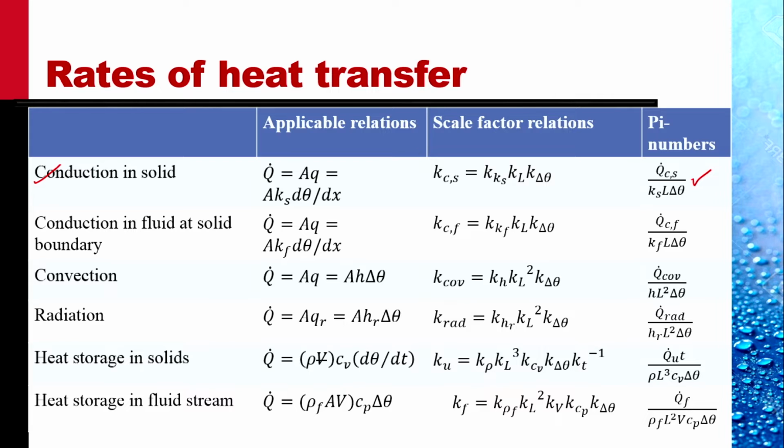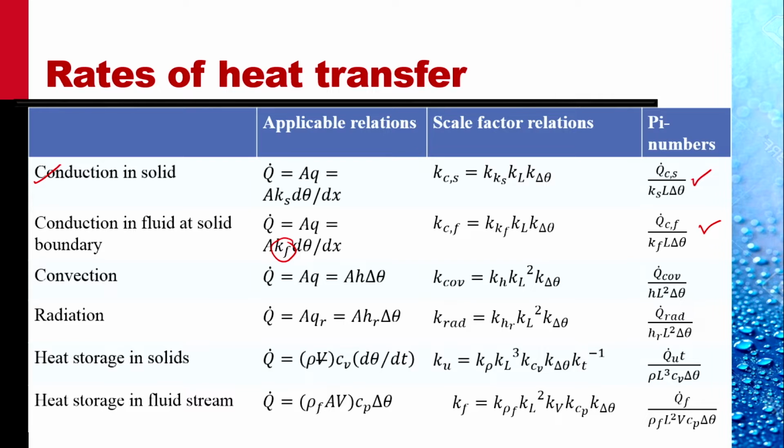So the applicable relation is still the Fourier law, except that the conductivity of the fluid is used, and d theta by dx is on the fluid side of the boundary. We get a similar pi number. The only difference is Ks is replaced by Kf, the conductivity of the fluid.